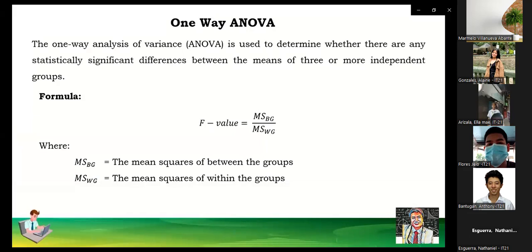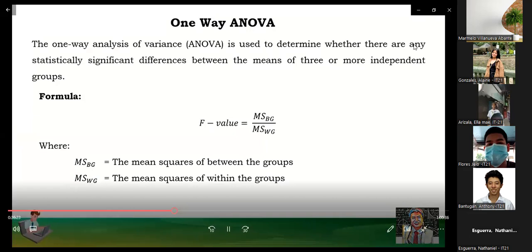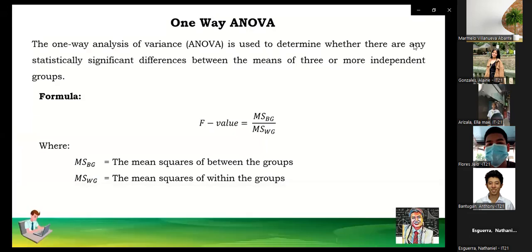Unlike nga lang dun sa mga previous discussion natin na si t-test at z-test, they are comparing two groups lang kasi or two datas lang. Pagka lumagpas ka na sa two datas, hindi na natin pwedeng gamitin si t-test or z-test. Pwede natin gamitin kapag more than two groups na siya, three or more, that is one-way analysis of variance or one-way ANOVA.